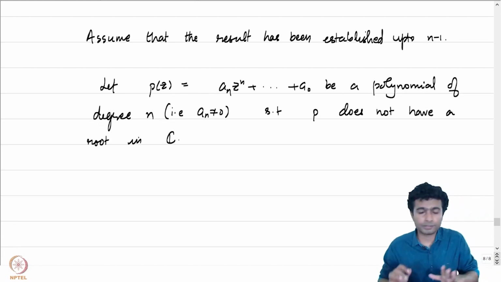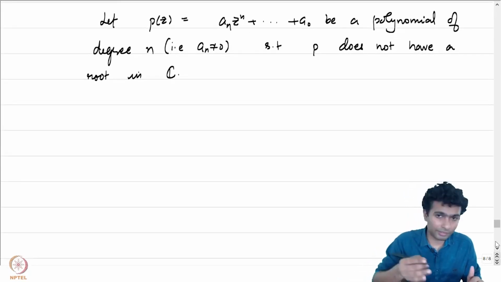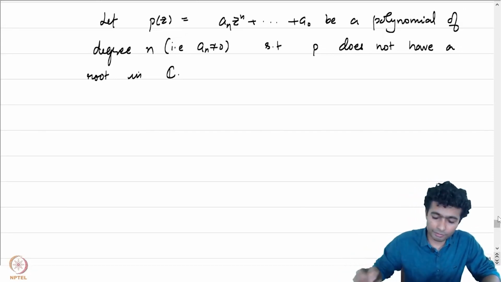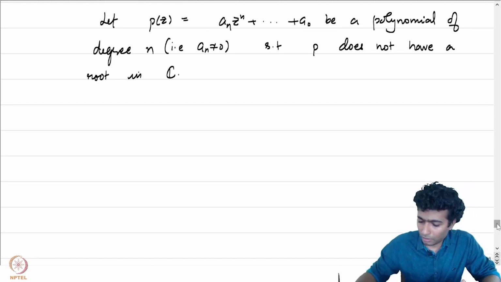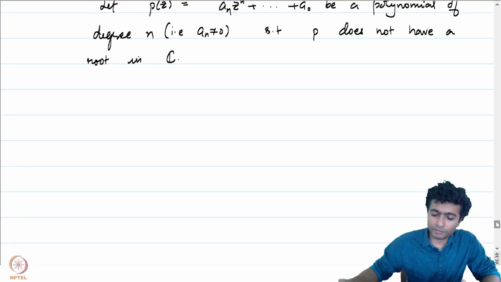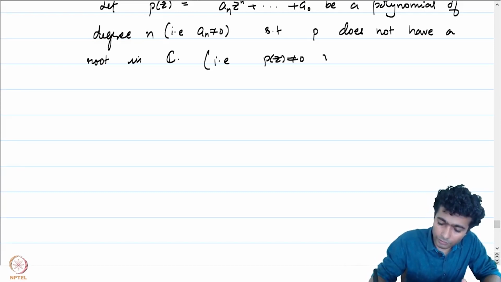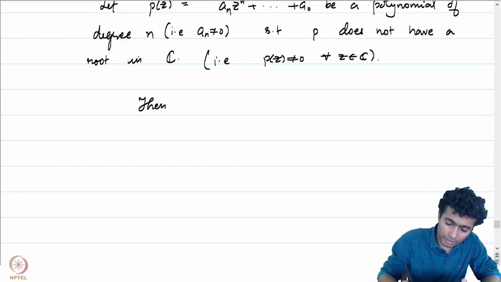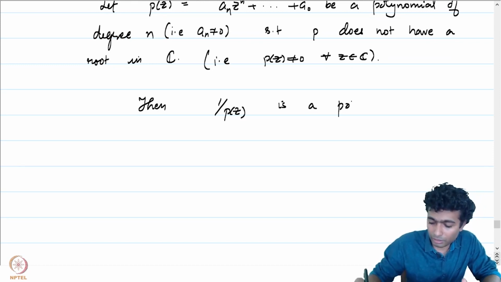We will show that this will lead to some kind of a contradiction, and hence we will be forced to conclude that P has at least one root in C. Let's see what will be the contradiction if P does not have a root in C. The moment P of z is not equal to 0 for all z in C, this implies then 1 by P of z is a holomorphic function.